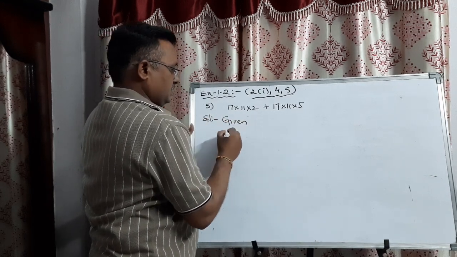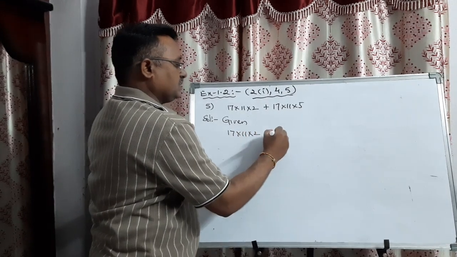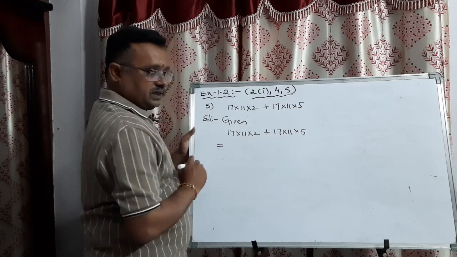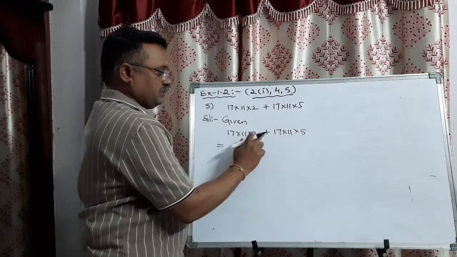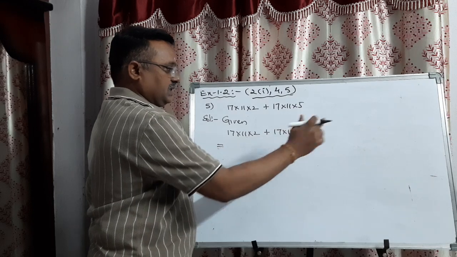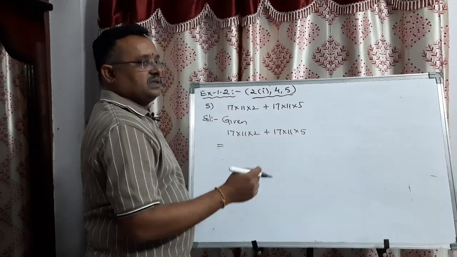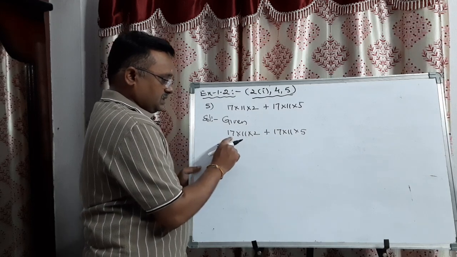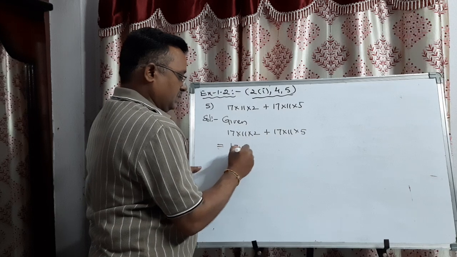The given number 17 into 11 into 2 plus 17 into 11 into 5 can be written as, just think about it, this is the first term, plus is coming, so from here onward the second term starts. From these two terms, is there any chance to take a number common? Very clearly it is visible that 17 is common, 11 is common, so take them common.